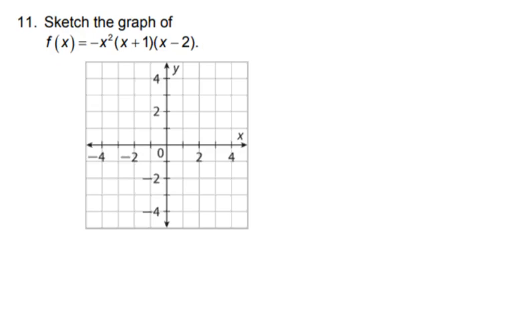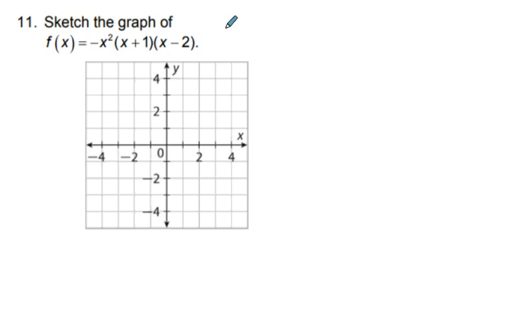Number 11, sketch the graph of f(x) equals negative x squared times quantity x plus 1 times quantity x minus 2. And basically, when you've had a graphing calculator in hand, you should be able to get this right. What I was looking for is the proper intercepts: start low, start high, whatever, or end high, whatever it is.